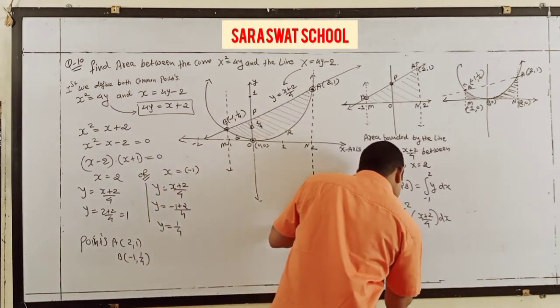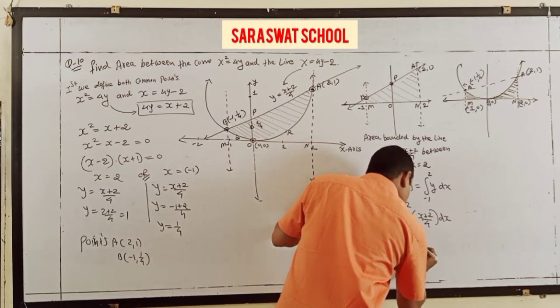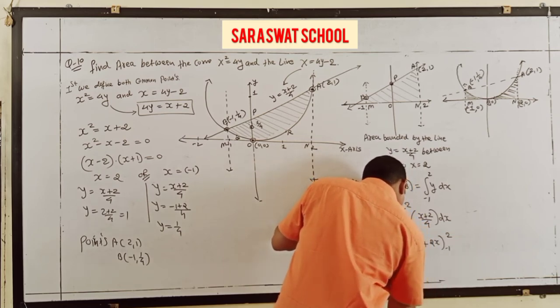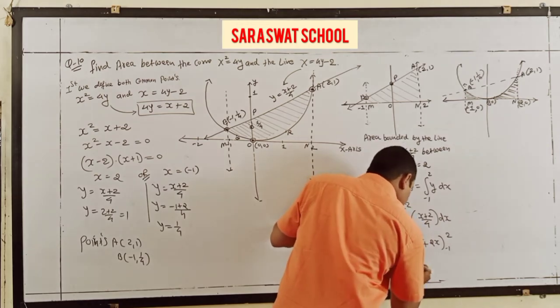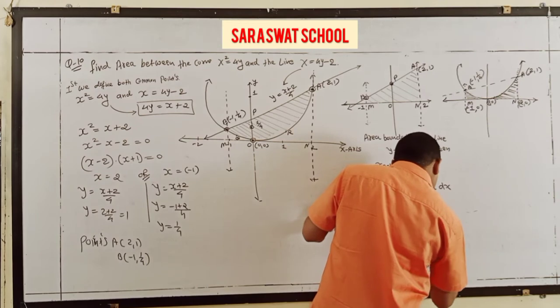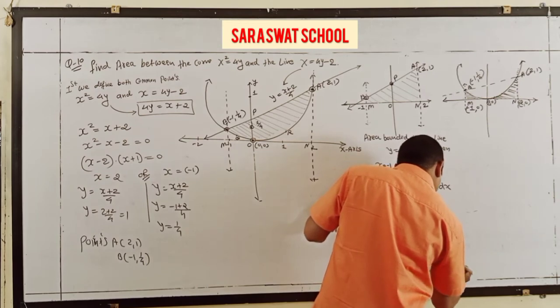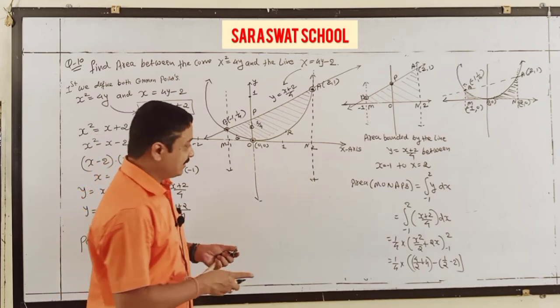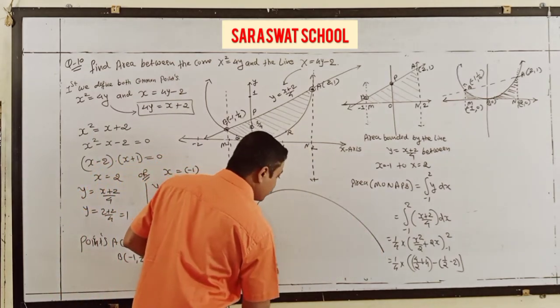So 1/4 outside, [x²/2 + 2x] from -1 to 2, and that solution is (4/2 + 4) minus (1/2 - 2). I easily calculate that, students.